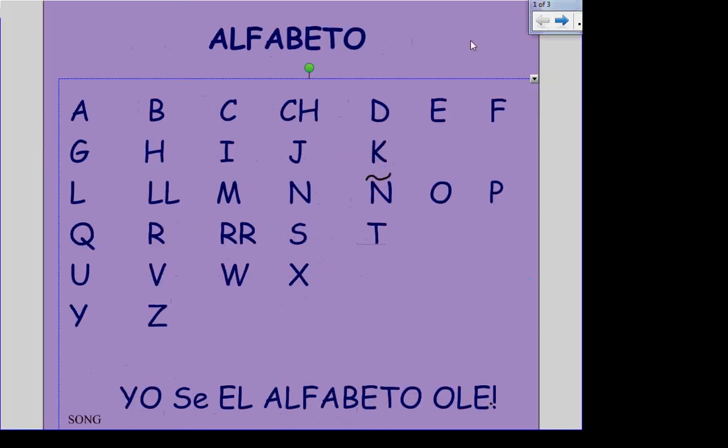Okay, so let's look back at the Spanish alphabet one more time. Go over all the letters. Here we go. Repitan, por favor. That means repeat, please.